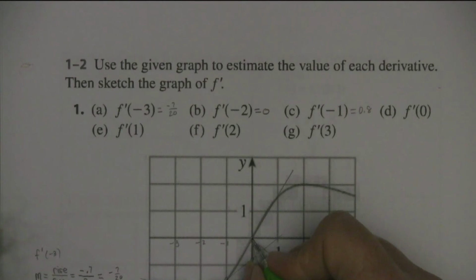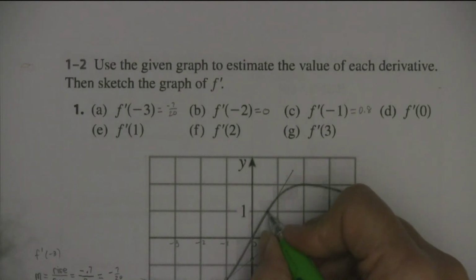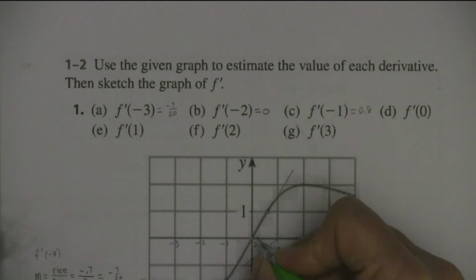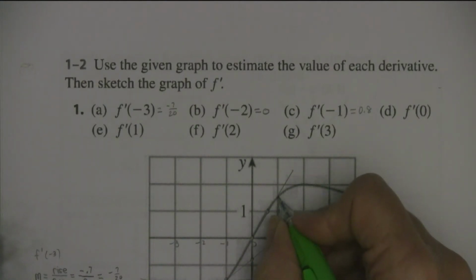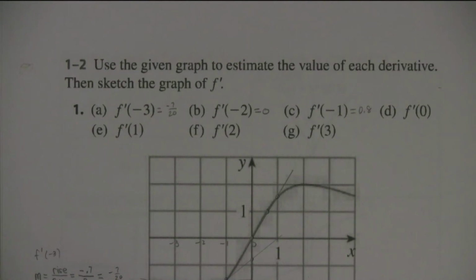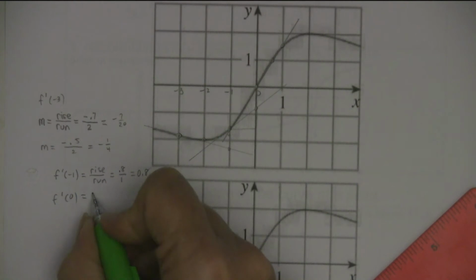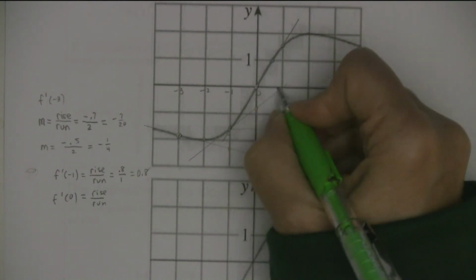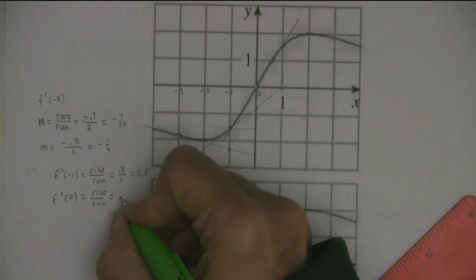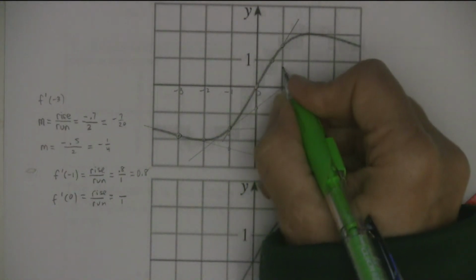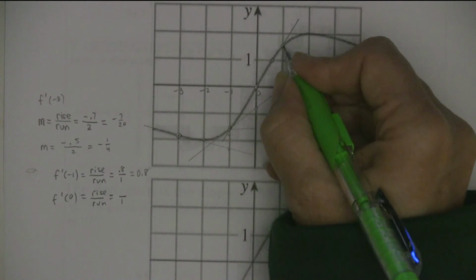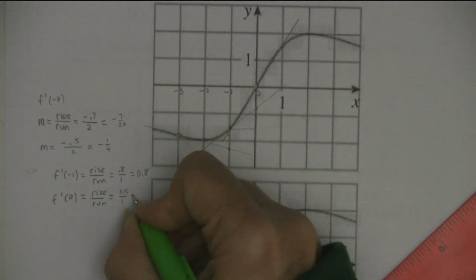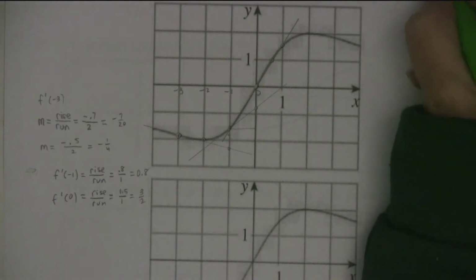Okay, so I'm trying to get a point. I'm going to use this point and that point. Oh no, I want to use this point because I want to go over 1. So at 0, f prime at 0, rise over run. I drew my line in there at 0. I'm going to use this point. I'm going to go over 1 and up 1.5. So 3/2.